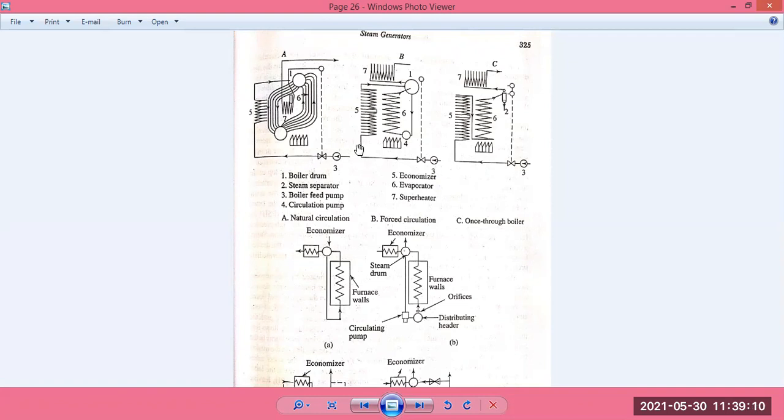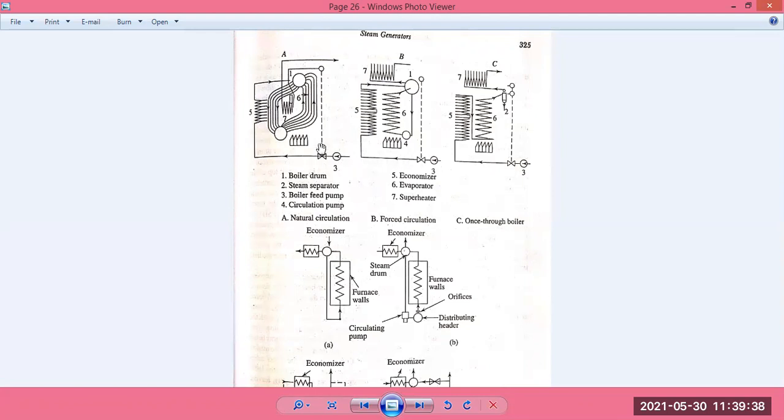Here we force the water through the economizer wall, and then it goes to the boiler drum, where it is separated. It comes back down the downcomer, goes from the header to the riser, then goes back to the drum itself, and from the drum it is sent to the superheater.